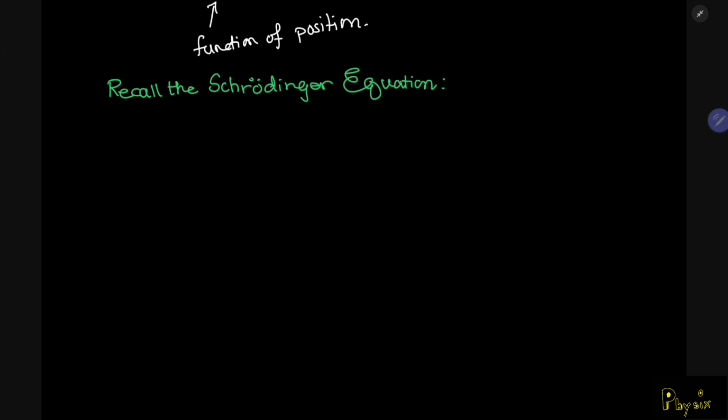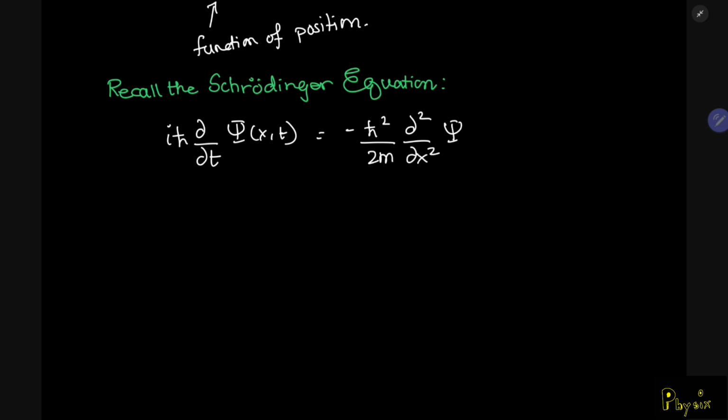The Schrodinger equation basically says that i h bar, the partial with respect to t of psi(x,t), where psi(x,t) is your total wave function, is equal to negative h bar squared over 2m, the second partial with respect to x of psi(x,t), plus V(x) psi(x,t).